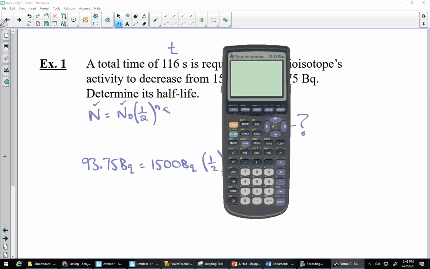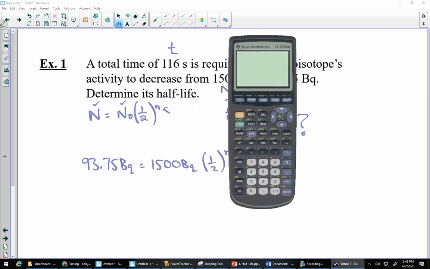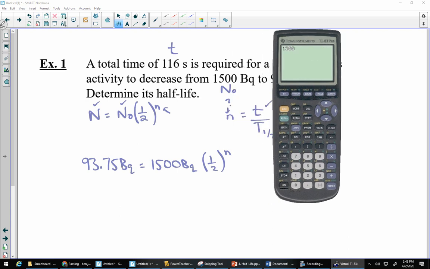So I'm going to do 1500 becquerels times 0.5, because that's the same thing as half, right? And I'm pretty sure it's not 1 half-life, so I'm just going to go 0.5 to the power of 3. 187.5, that's not quite enough, so I think I need more half-lives. So instead of to the power of 3, maybe I'll try to the power of 4.